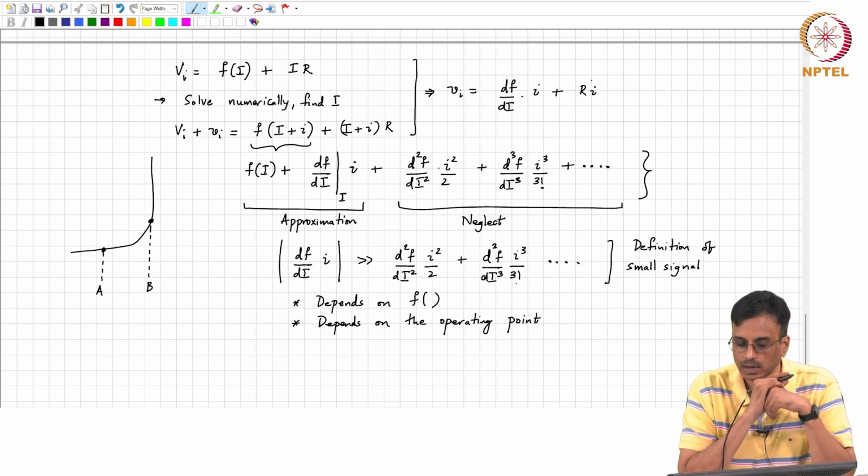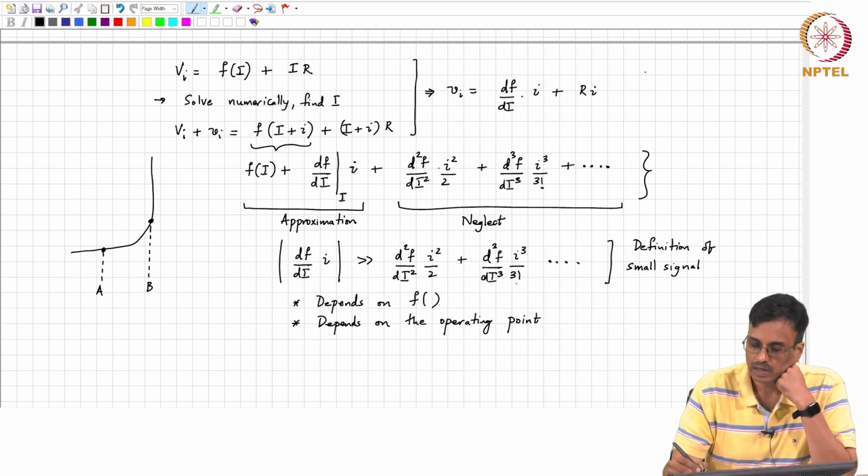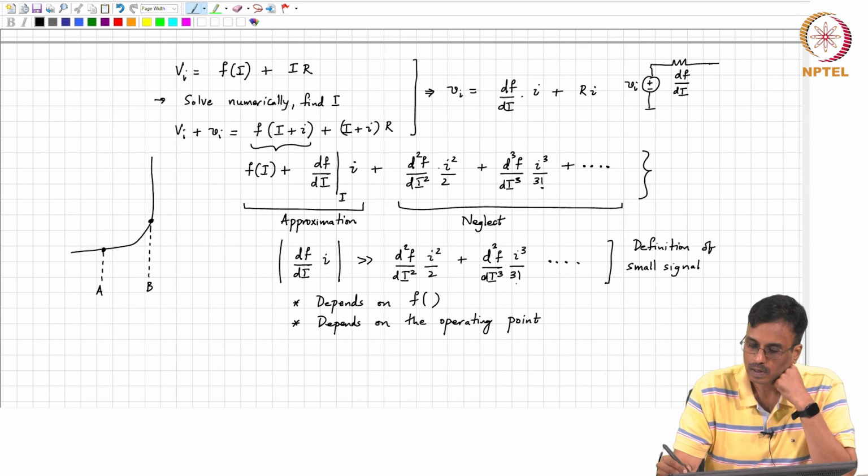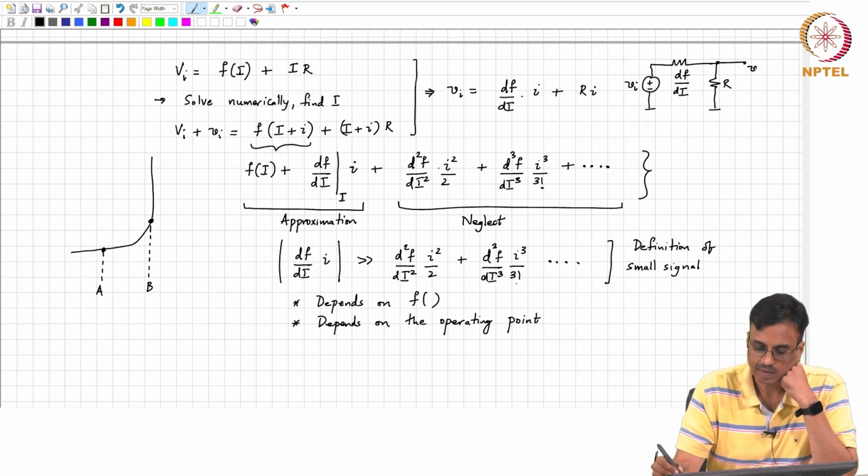All right, and therefore equivalently, if you want to draw a network which models the difference between the two equations, this becomes a linear resistor with a value df over di and a resistance R, and this is small vo.